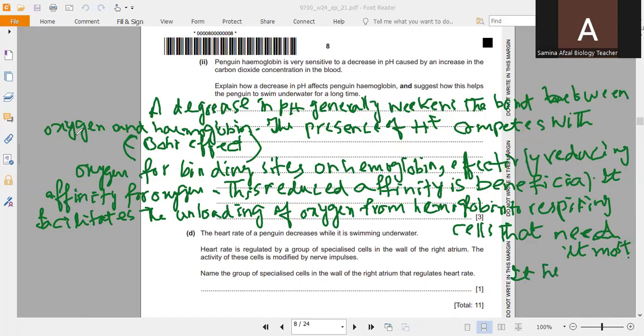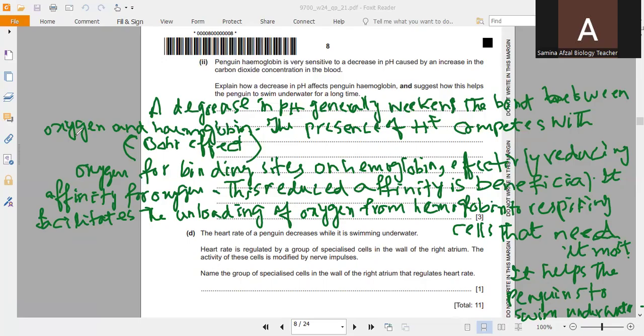It helps the penguin to swim underwater. So in this way, it is beneficial for them. If this writing is not understandable for you, then listen to my explanation. It will be more helpful for you.